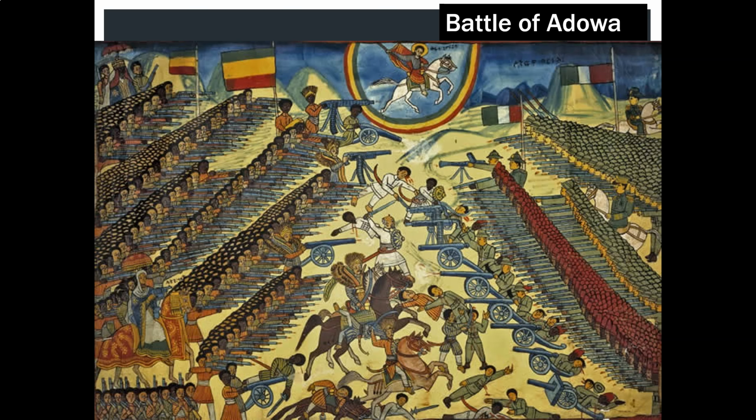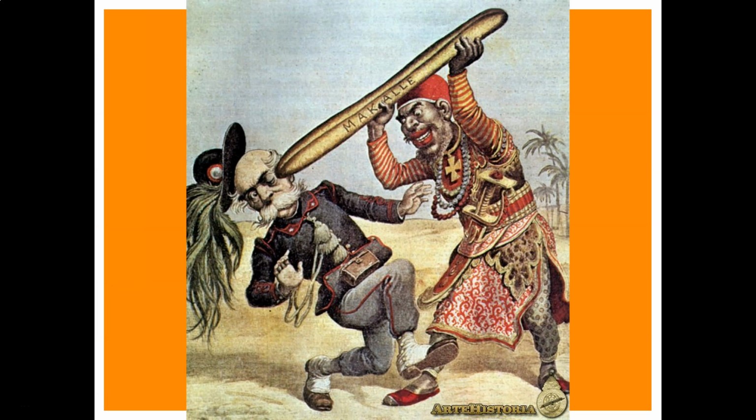Now, this battle was humiliating for the Italians, and when we get to the 1930s, we're going to see that the dictator of Italy then, Mussolini was his name, is going to want to get revenge for that, and he'll attack Ethiopia just a little bit before World War II breaks out. So there's Italy being defeated by the Ethiopians.